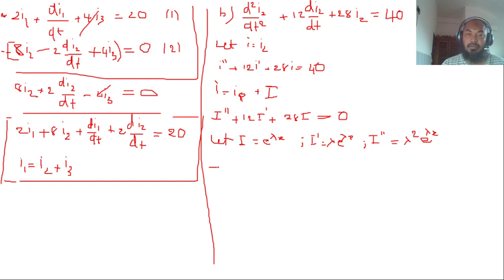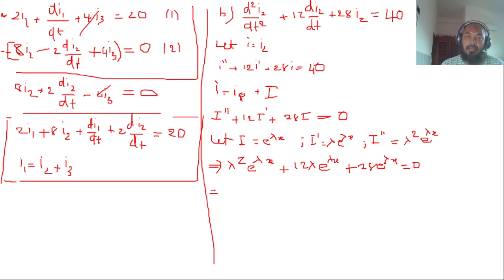Okay, so if we replace this one inside, we will get lambda square E lambda x plus 12 lambda E lambda x plus 28 E lambda x equal to 0.